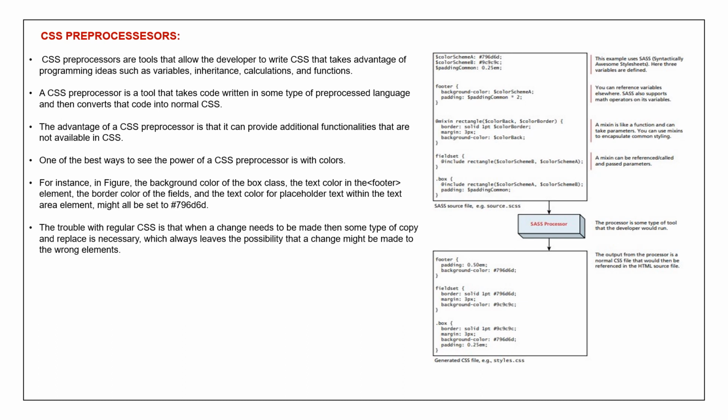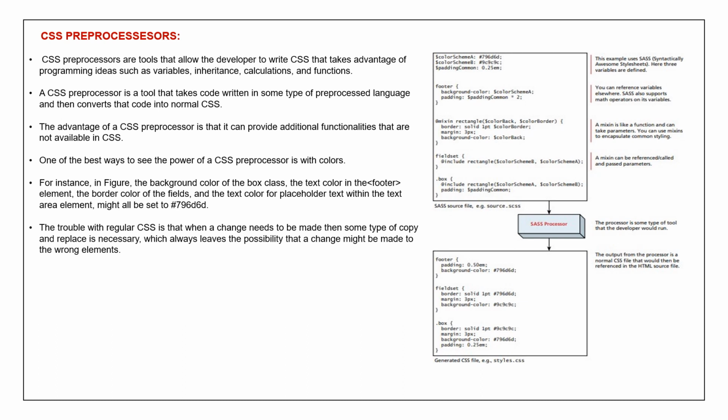One of the best ways to see the power of a CSS preprocessor is with colors. For instance, in the figure, the background color of the box class, the text color in the footer element, the border color of the fields, and the text color for placeholder text within the text area element might all be set to #796D60.